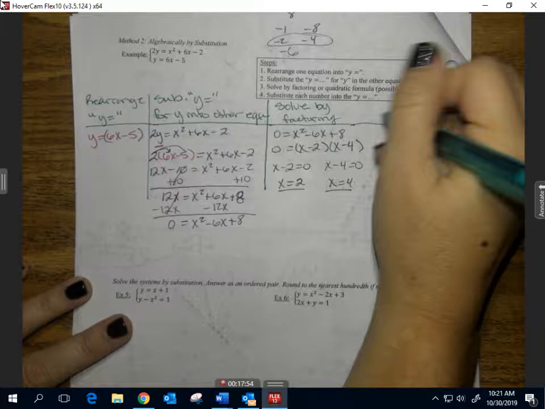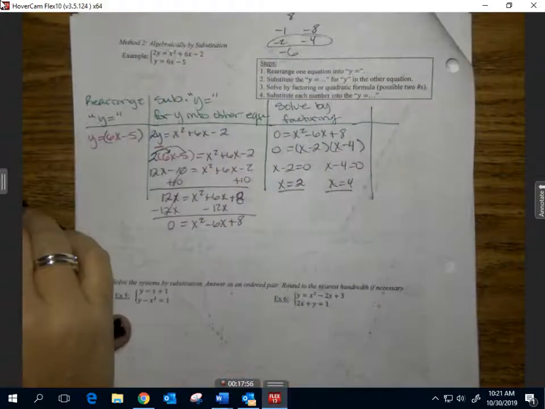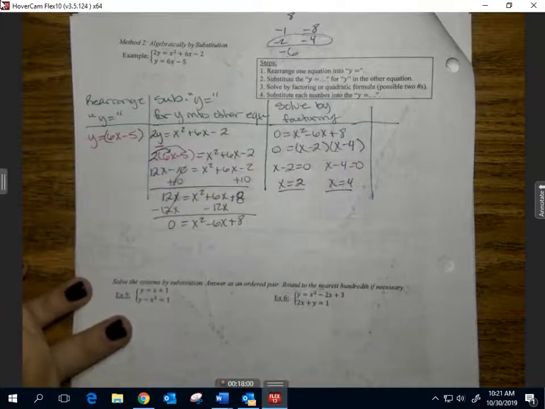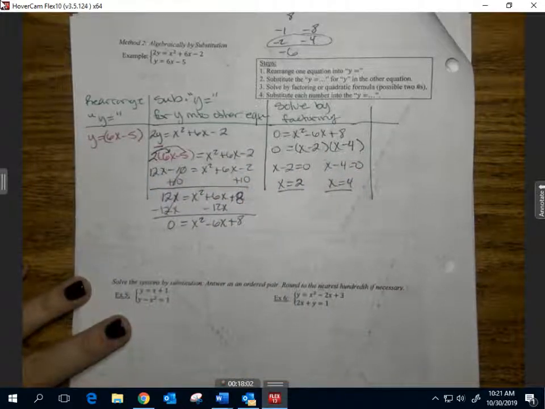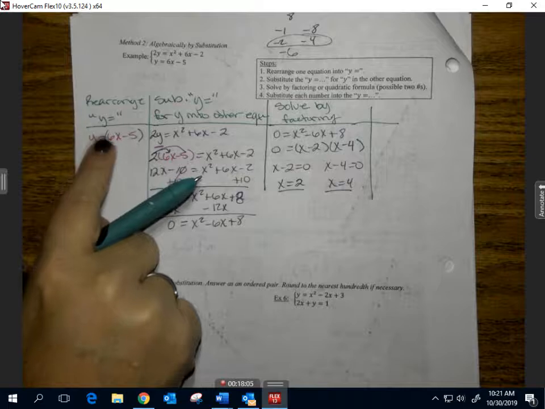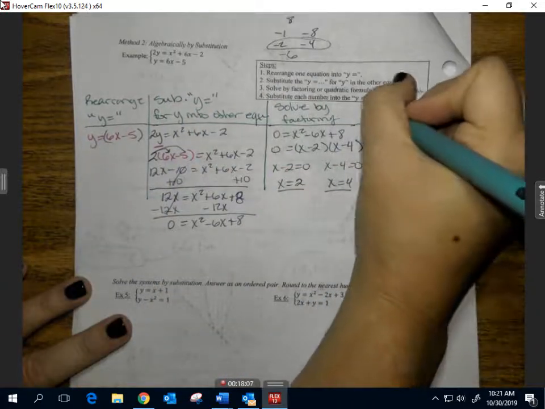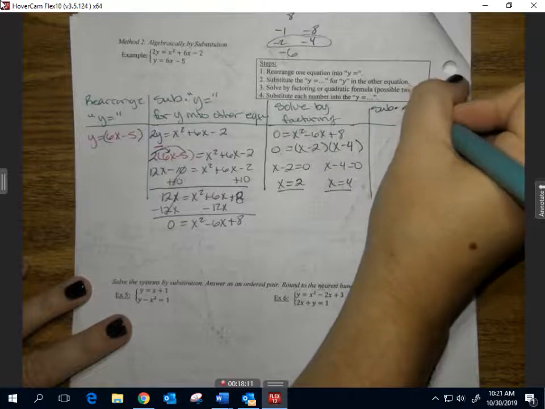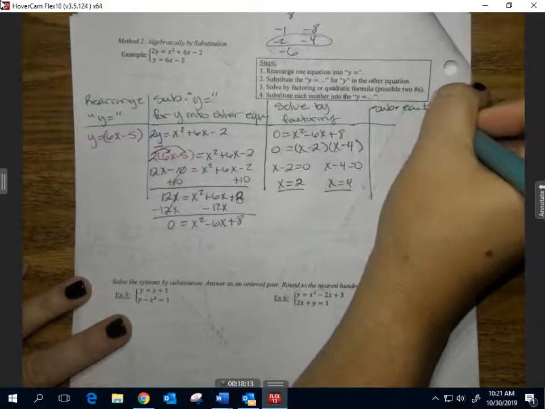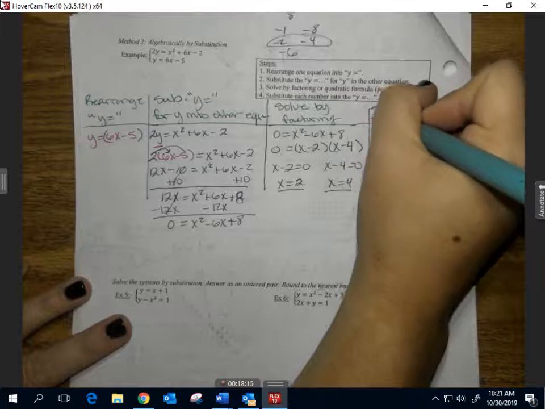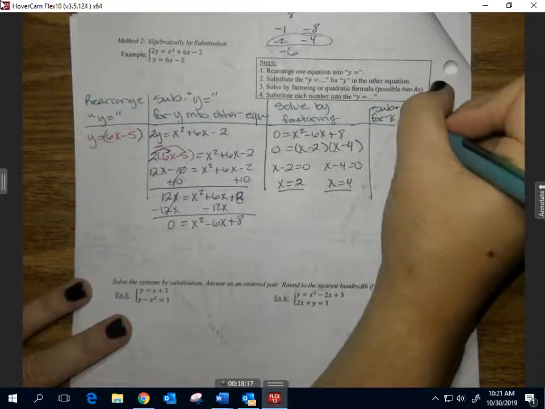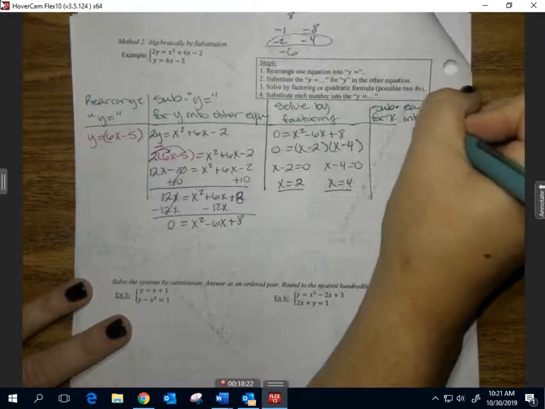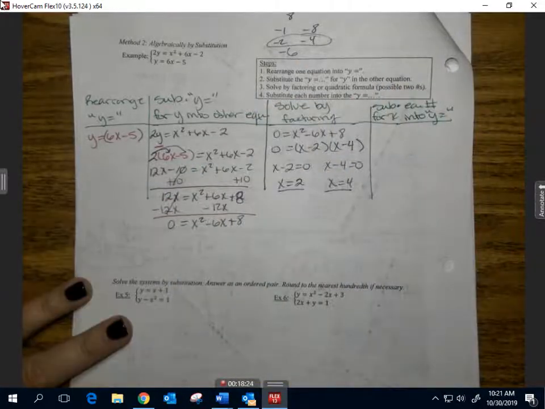Now, last but not least, since we're looking for points, what do I have to find now? I found x. What do I have to find? The y. And I'm going to use this equation here. So we're going to substitute each number for x into y equals. And that's from the first column.